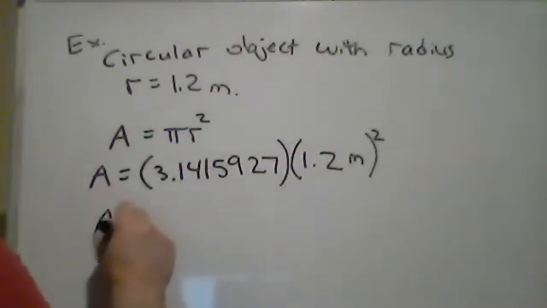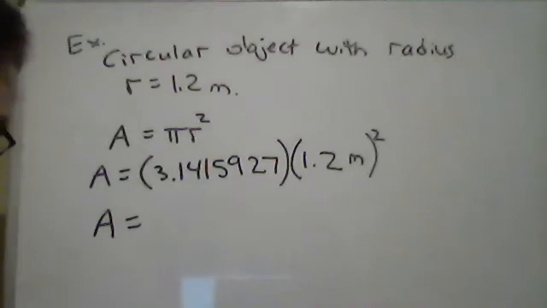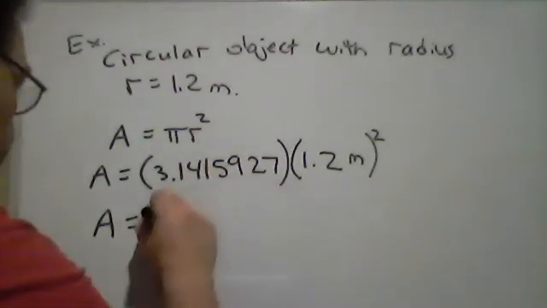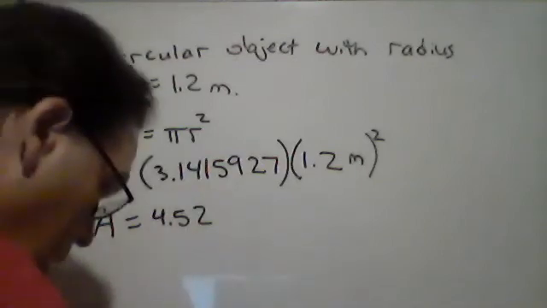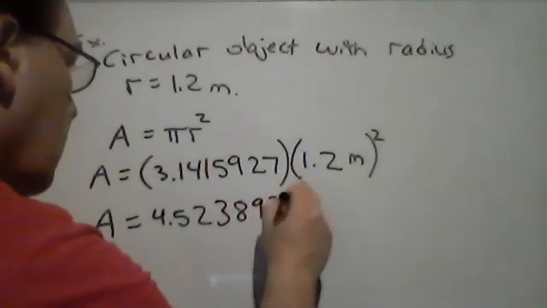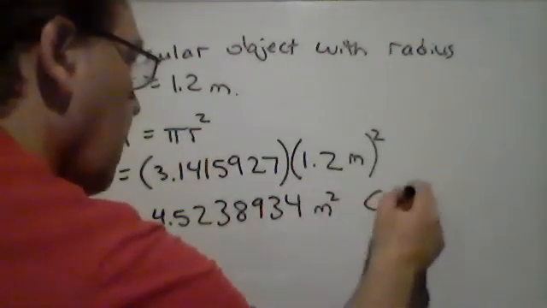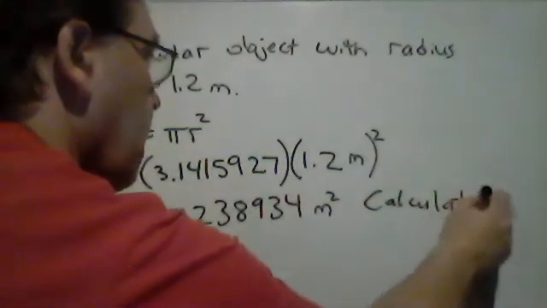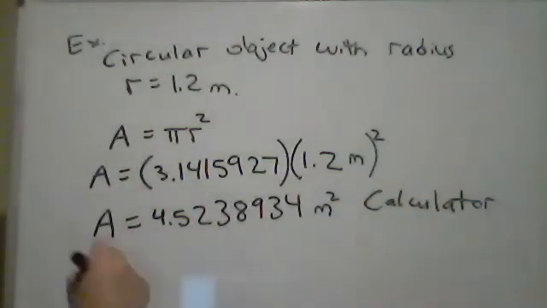So I go to my calculator. What's my calculator tell me? Well, my calculator is going to give me some stuff like 4.5238934. That's my calculator. But let me ask you, what should my answer actually be? I'm limited by the least precise value.